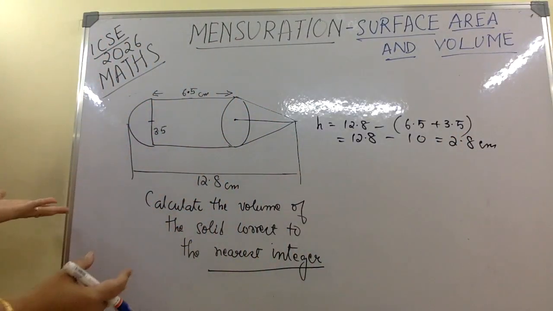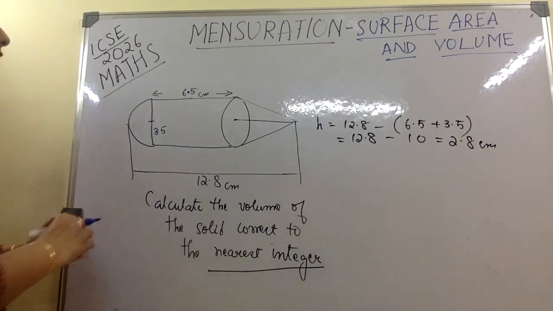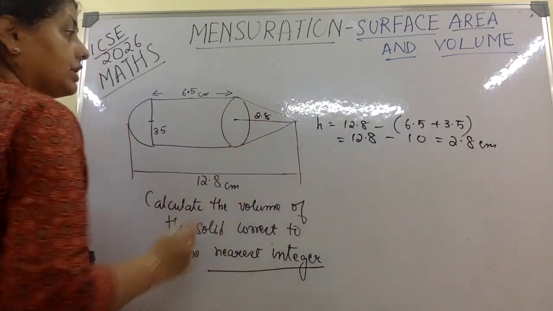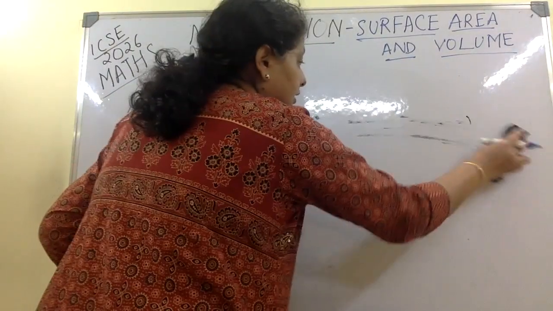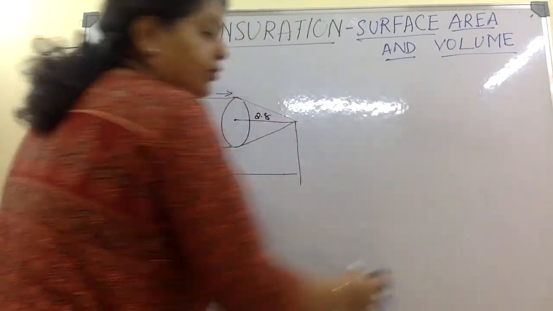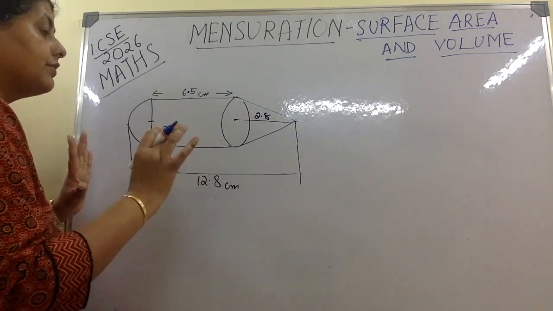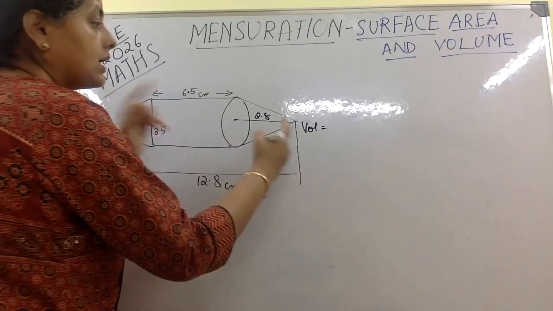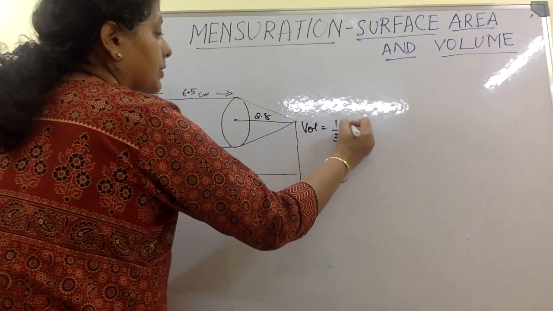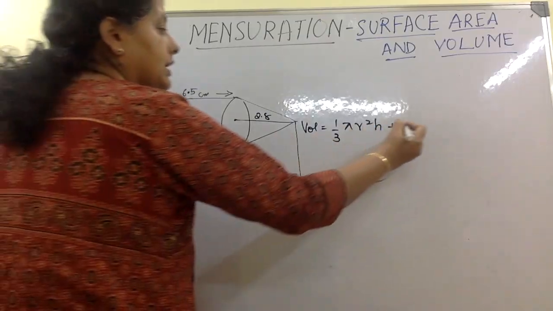Okay, so now we are going to start with the calculation. Let me write it here because we need a lot of space to do this sum. Height of the cone is 2.8 centimeters. Now, what is the volume? First, the volume of the cone is 1/3 pi r square h, plus the hemisphere, which is 2/3 pi r cube, plus the cylinder, which is only pi r square h.